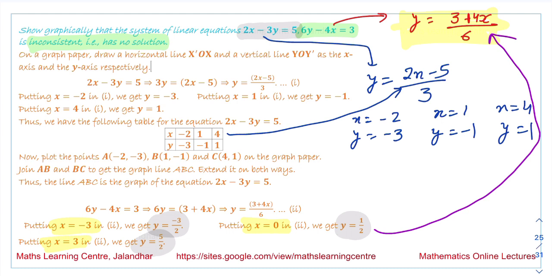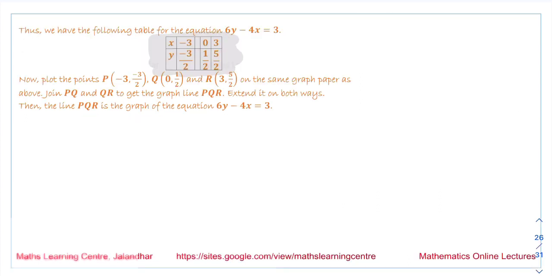So these are the points shown in this table: corresponding to x is equal to minus 3, we have y is equal to minus 3 by 2. For x is equal to 0, we have y is equal to 1 by 2. And for x is equal to 3, we have y is equal to 5 by 2.